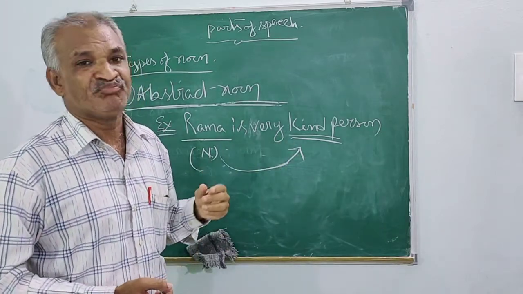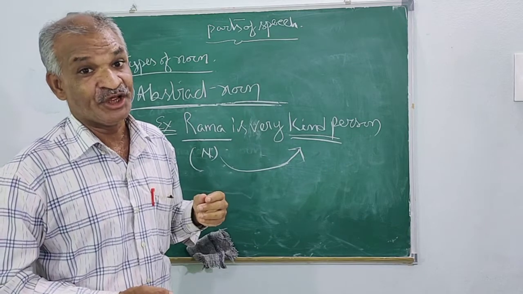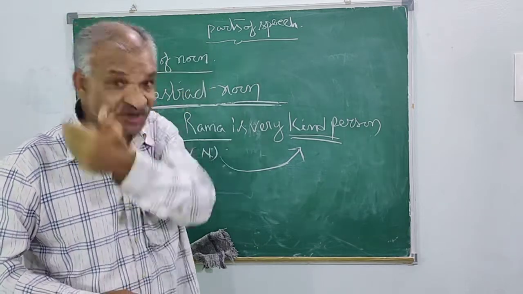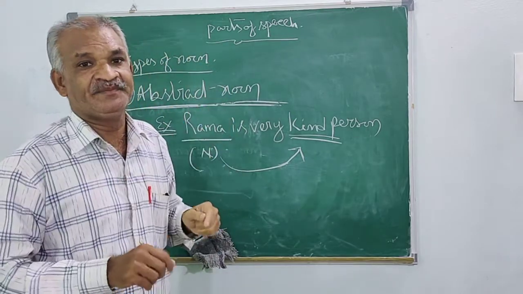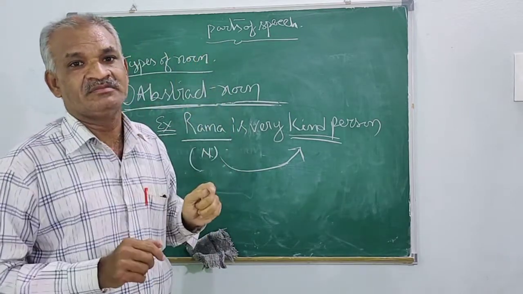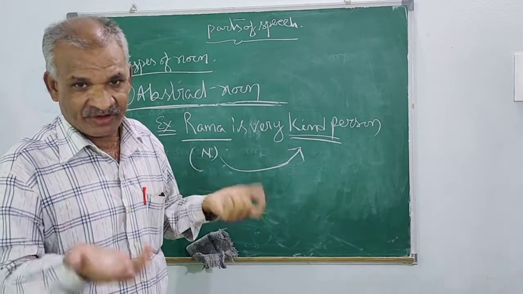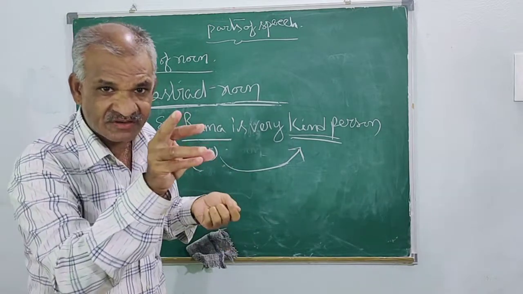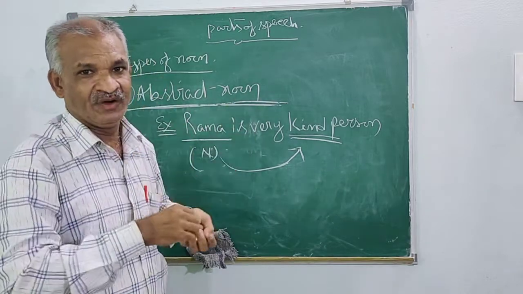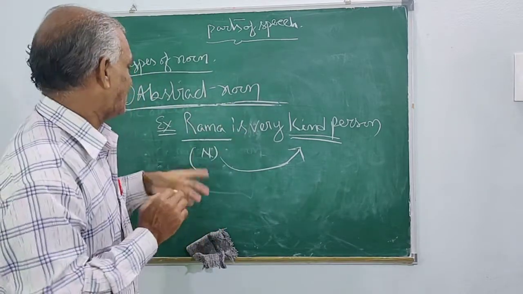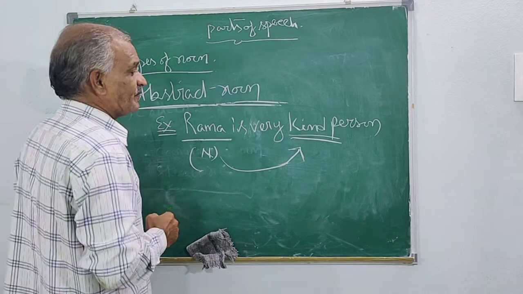Sita is a very beautiful girl. That beauty you can enjoy, but you cannot say this is beauty, this is kindness. Can you say? Can you touch? Can we catch? No. We can feel that Rama is a very kind person.